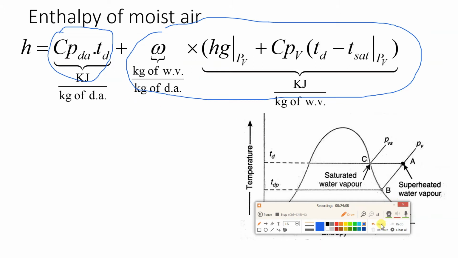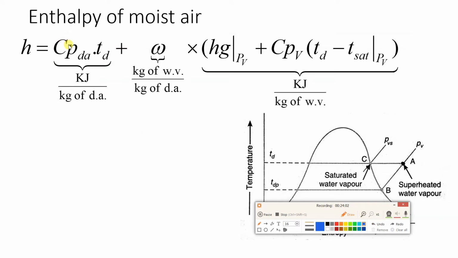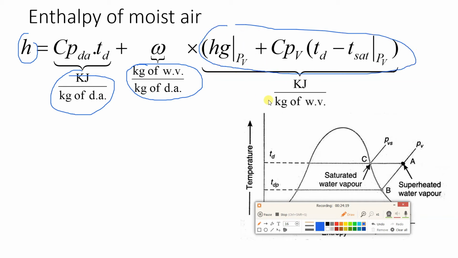Now if you see the units, Cp dA into Td, what is the unit over here? Kilojoule per kg of dry air. So the enthalpy unit should be kilojoule per kg of dry air. Now the specific humidity unit is kg of water vapor per kg of dry air. And in this equation the unit is kilojoule per kg of water vapor.